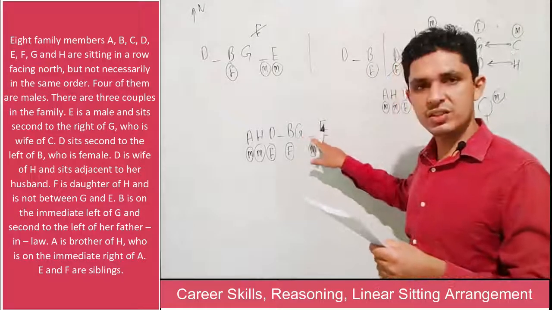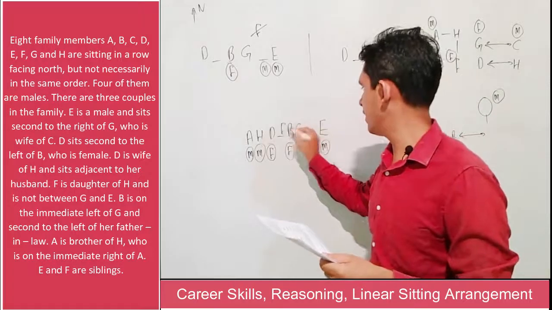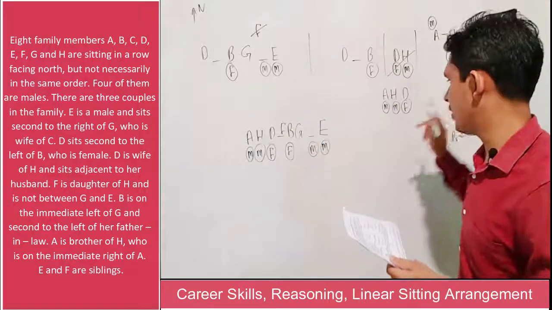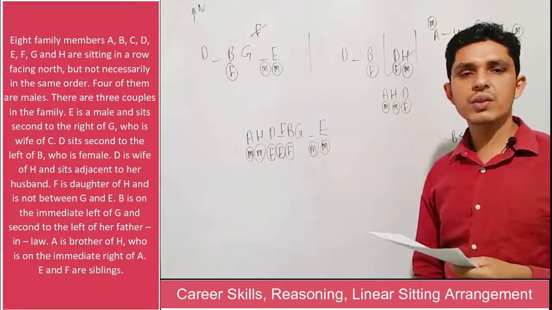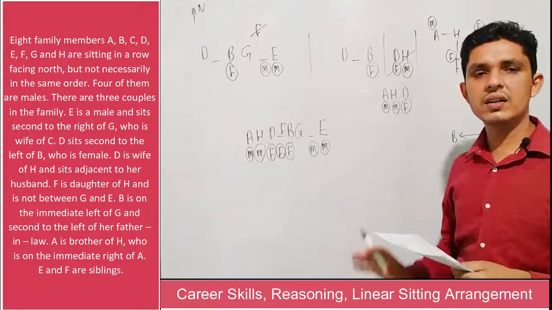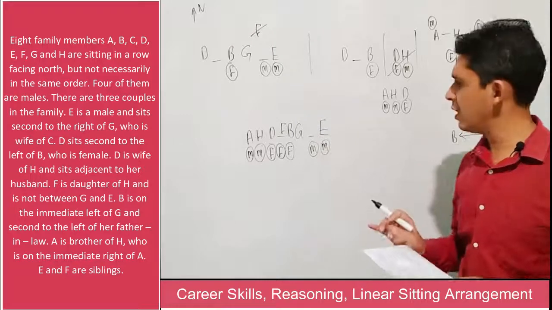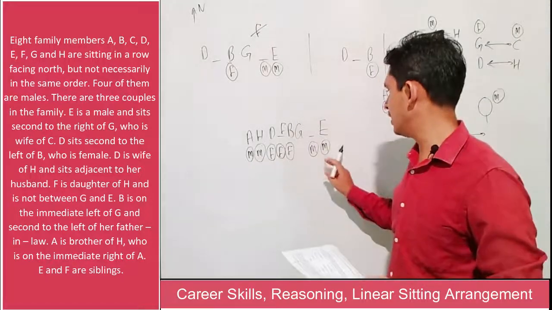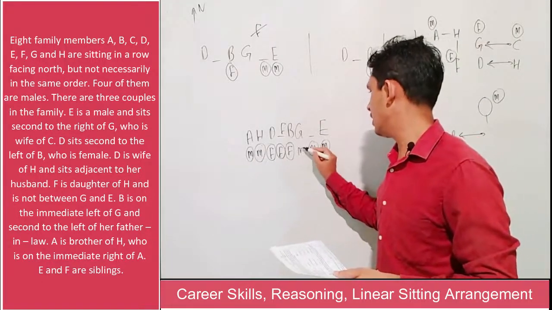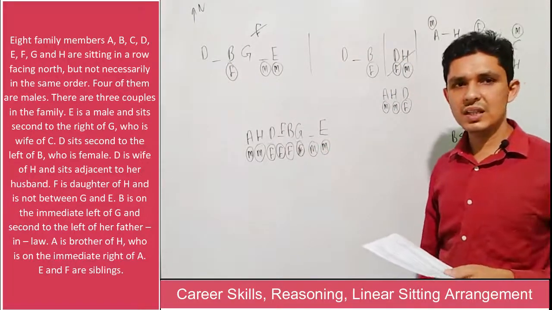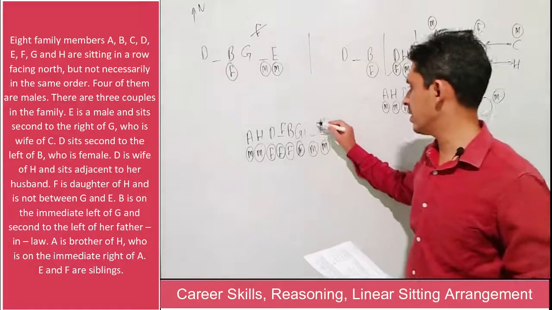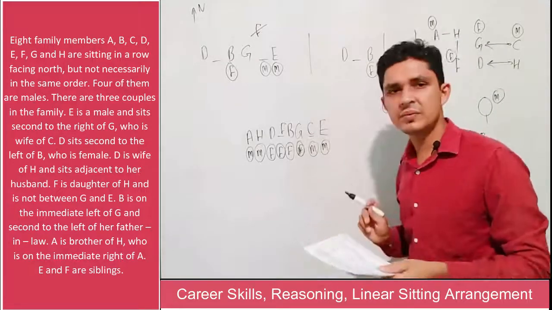F is not between G and E, that means F will definitely be here, and F is a female, so this will definitely be a female, right? In the question it was given earlier that we have 4 male and 4 female, so we have done with 4 males, so G must be a female, and the member that is remaining will come here, so C will be here, right?